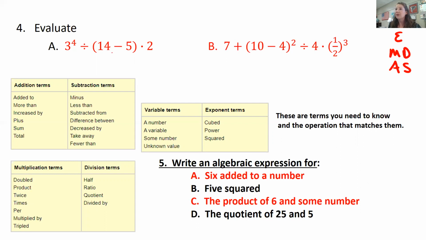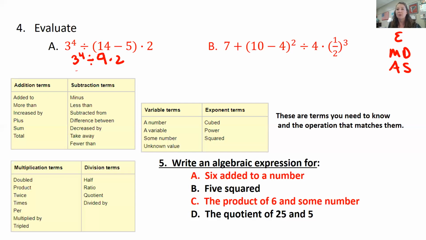So parentheses first, I'm going to subtract 14 minus 5. So I'm going to think, what is 3 to the 4th divided by, well, 14 minus 5 is 9. All right, so after I've done parentheses, now I do exponents. So now I've got to do 3 times 3 times 3 times 3. Well, we just did the last problem, didn't we?